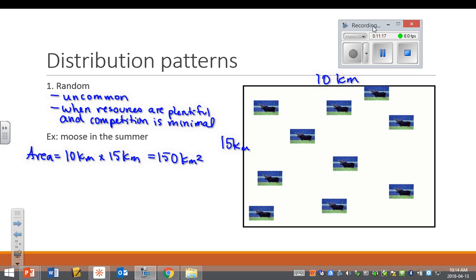And then I could ask you to calculate the density of the population. So if we wanted to do that, if you count in my little picture there are 10 of them. So there are 10 moose divided by 150 kilometers squared. And that would be how we would calculate the density of the population.